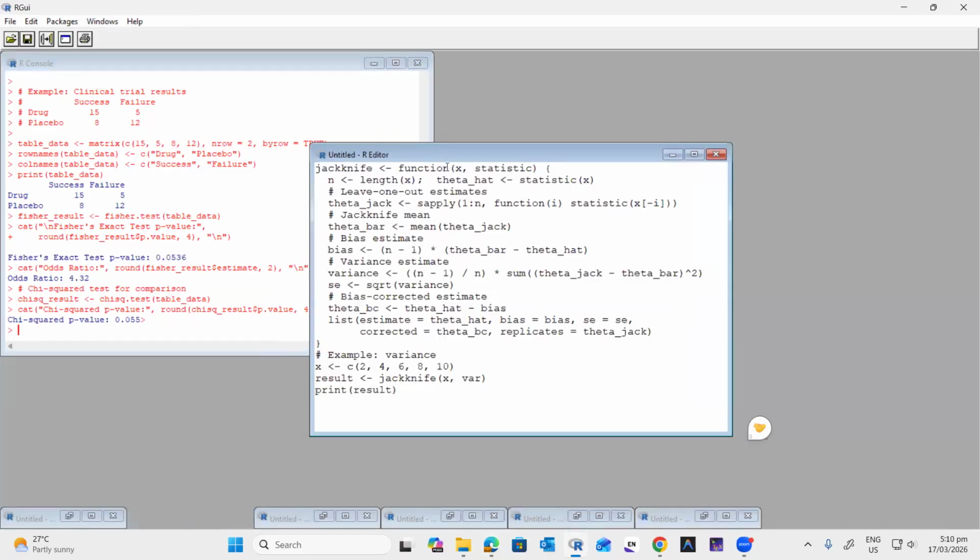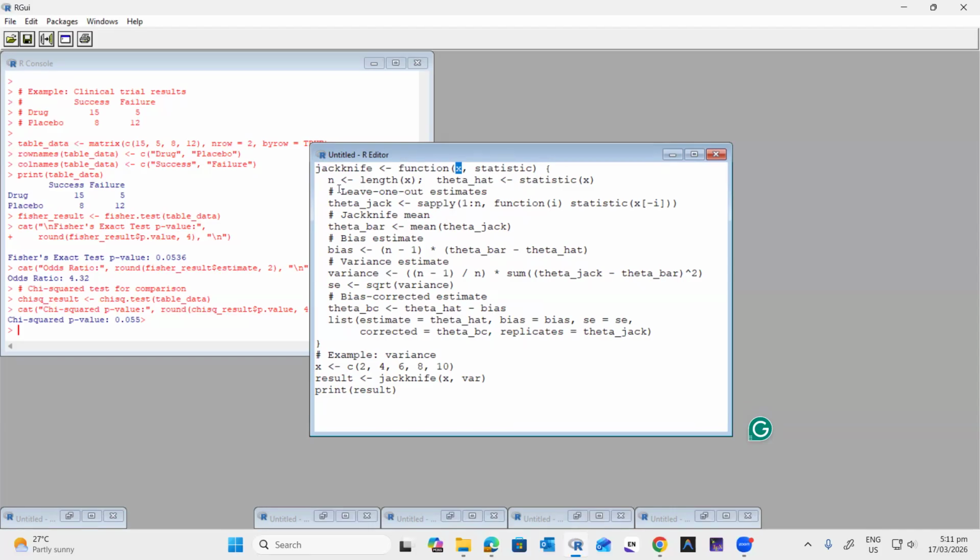All right, jackknife is a function of x and statistics, which means we are going to define a function with two arguments. One is the data vector x, and another is the function statistics that computes the estimator of the sample.